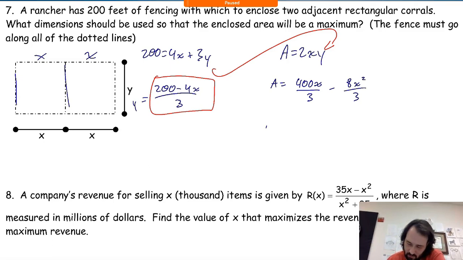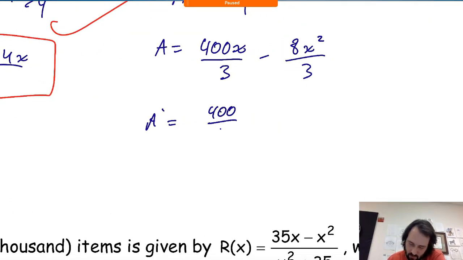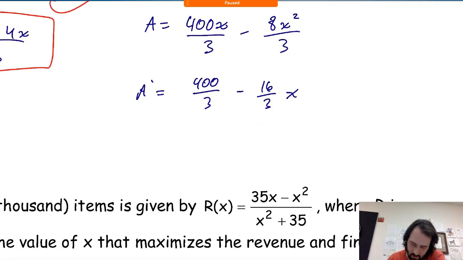So then I can take the derivative. So that would just be 400 thirds minus 16 thirds times x. Solve for when it is equal to 0. So I'll subtract over that 400 thirds, and I will multiply by 3.